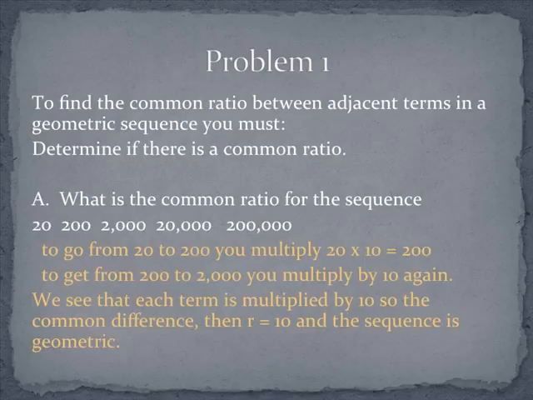To go from 20 to 200, you multiply 20 times 10, which equals 200. To get from 200 to 2,000, you multiply by 10 again. We see that each term is multiplied by 10, so the common ratio r equals 10, and the sequence is geometric.